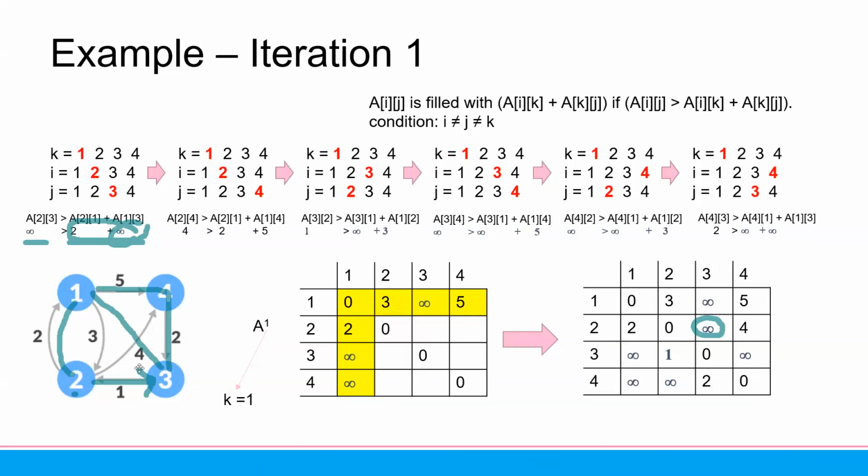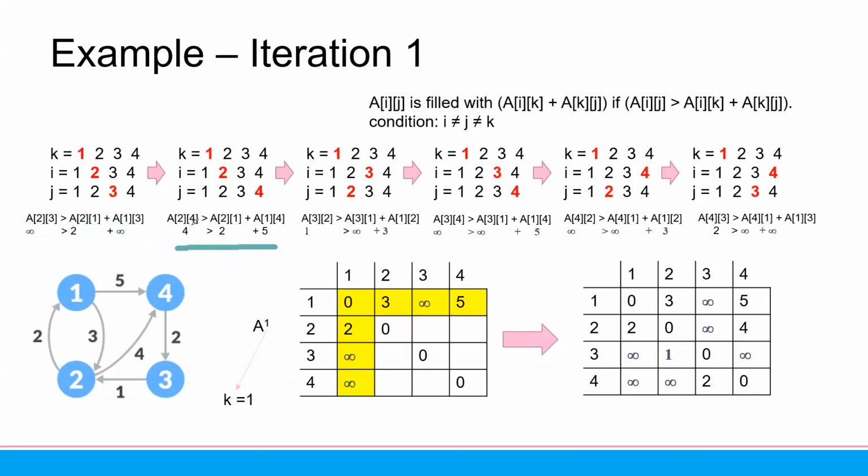But at this moment, there is still no information about 1, 3, because we have not reached k equals to 4. So k equals 4 is not available, so we keep this one as infinite. And also the other part, so you can check.